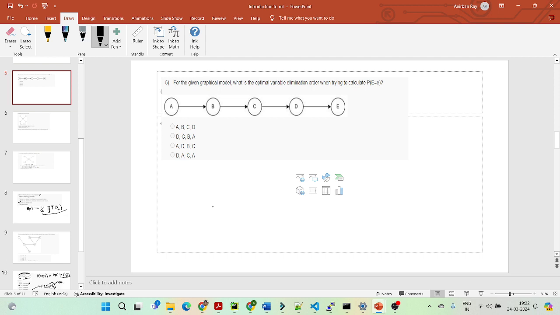So the idea is, what is the probability of E given small e going to be? It is a summation over everything except E. The summation represents marginalization.